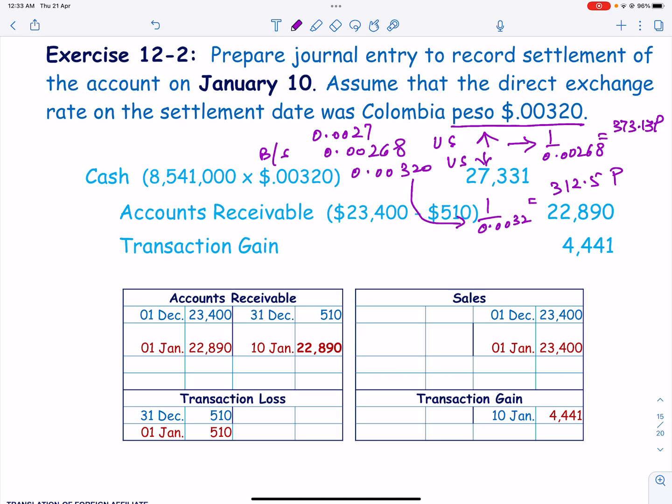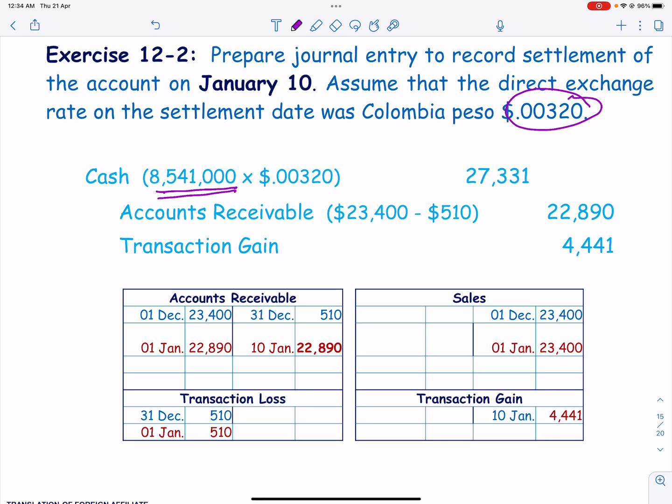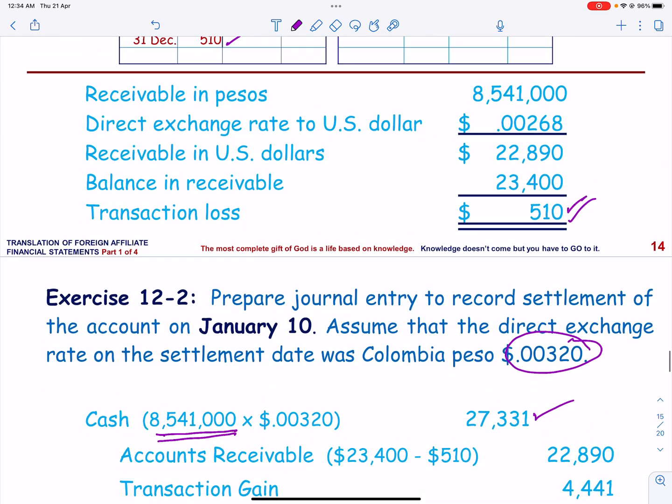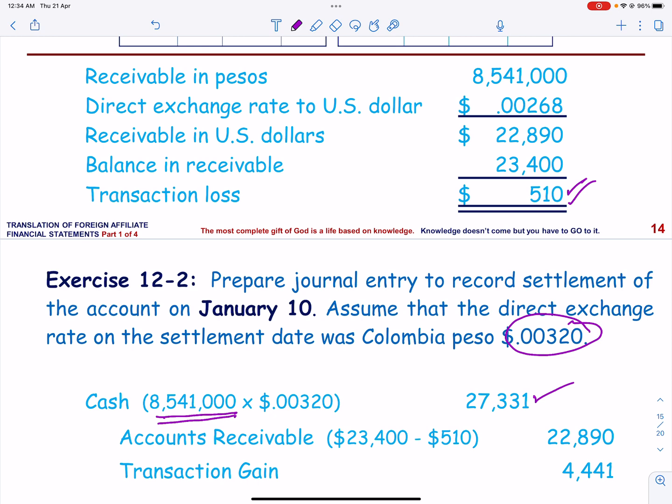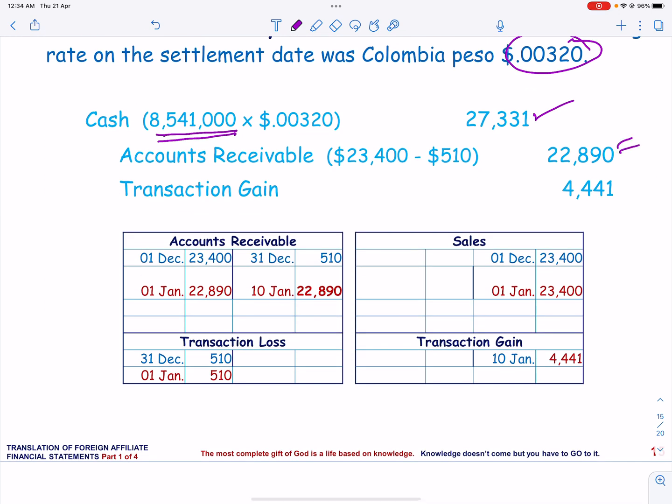The cash, the pesos that we receive, is 8,541. This is the rate on the settlement date. So we have 27,331. The account receivable was 22,890 on the balance sheet date. So we have 22,890, and the difference is our transaction gain.